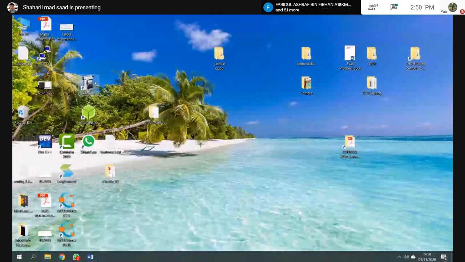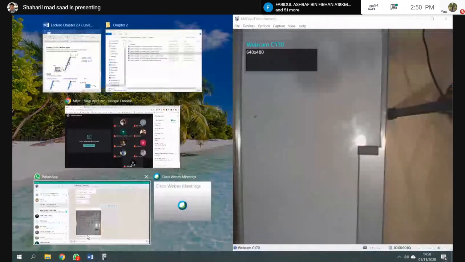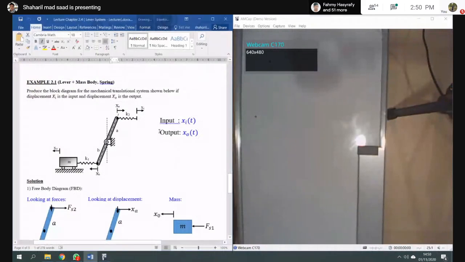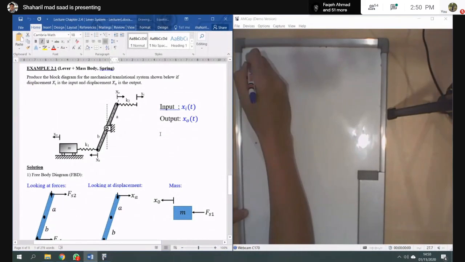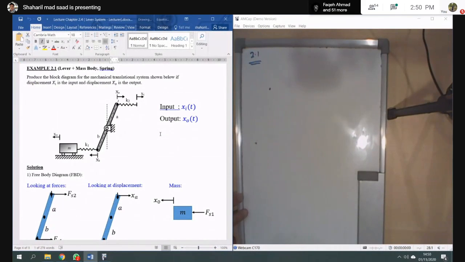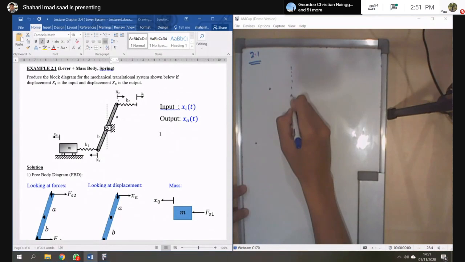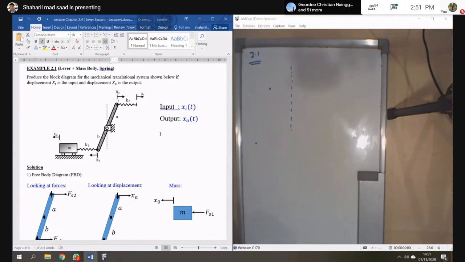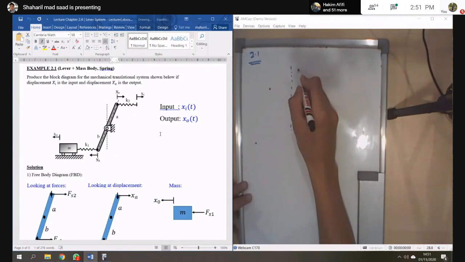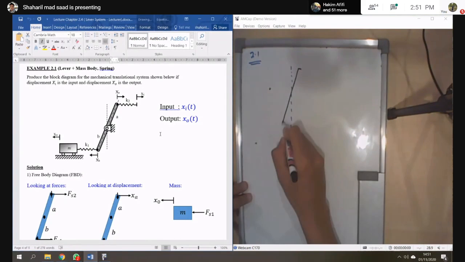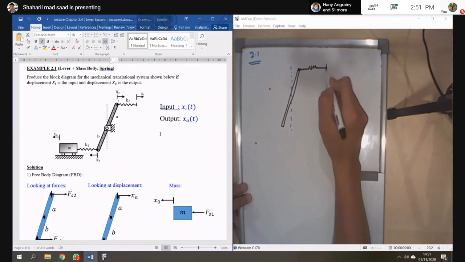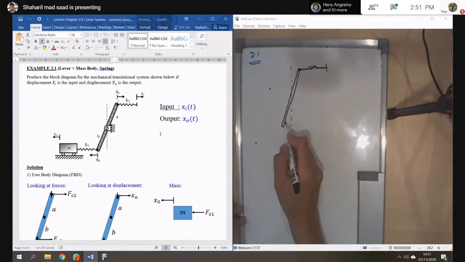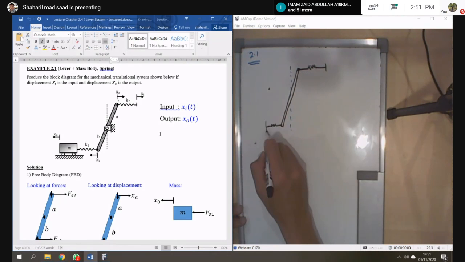Example 2.1. Now you have some lever system here. You have a spring here, and the other one, you also have a spring here.